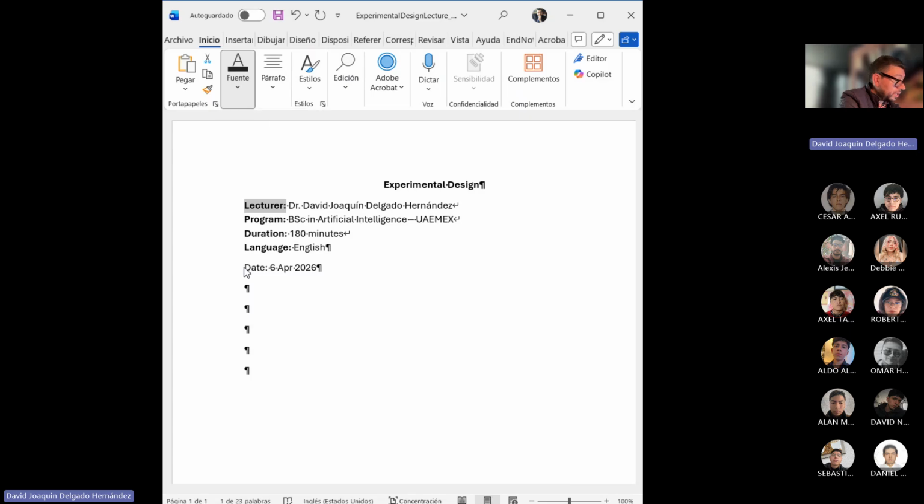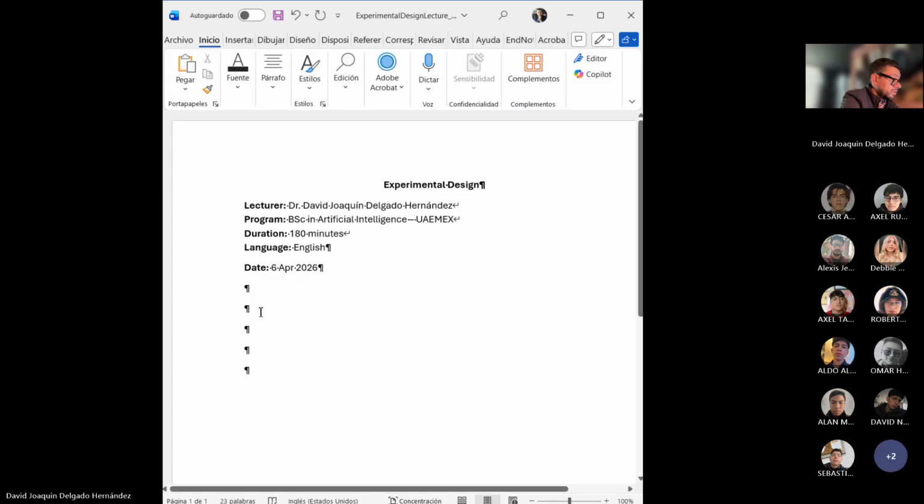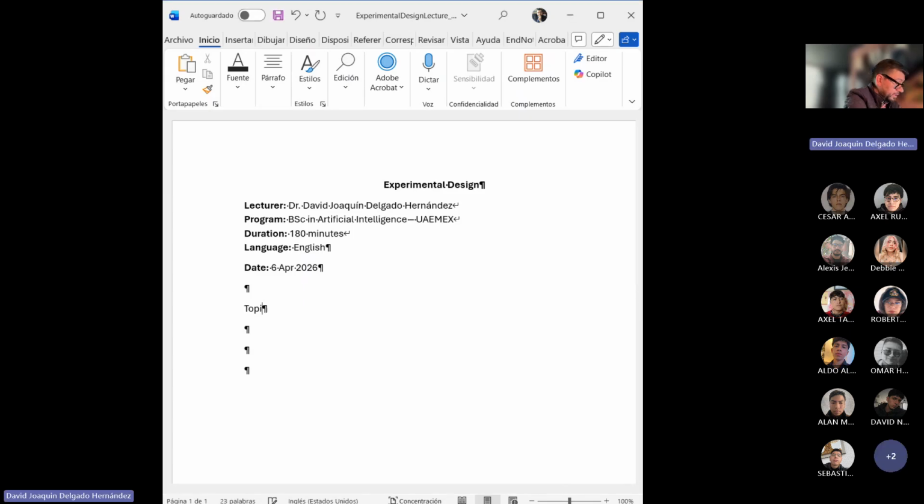Today we are going to start talking about our second subject. In particular, we are going to study the following topics. So the topics for today are 2.1, which is related to exploratory data analysis.